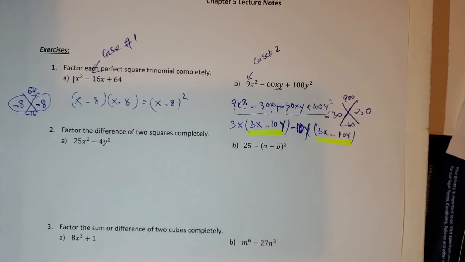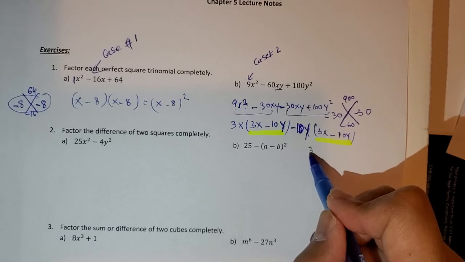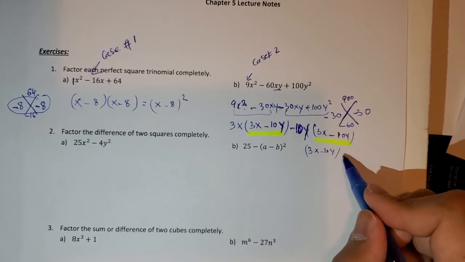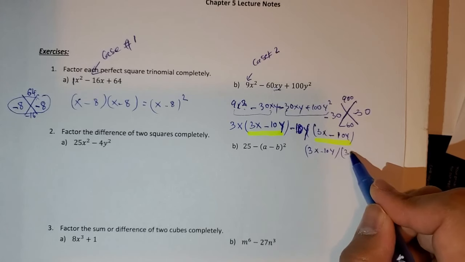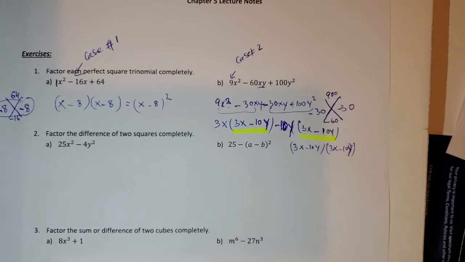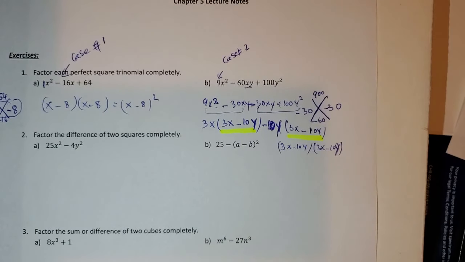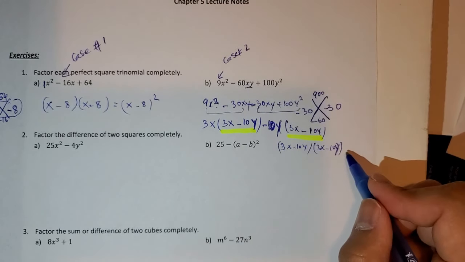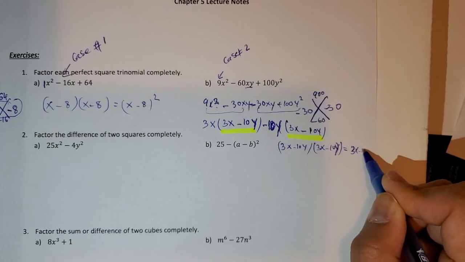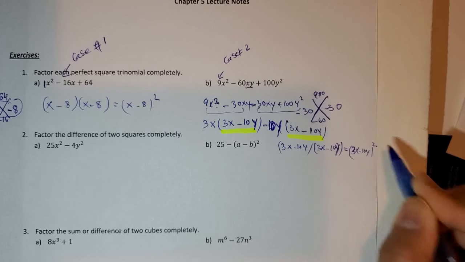I'm going to have 3x minus 10y, and then copy down the one I just highlighted, which is 3x minus 10y. Since they are the same, there's another way to write this without writing them twice, which is 3x minus 10y squared.